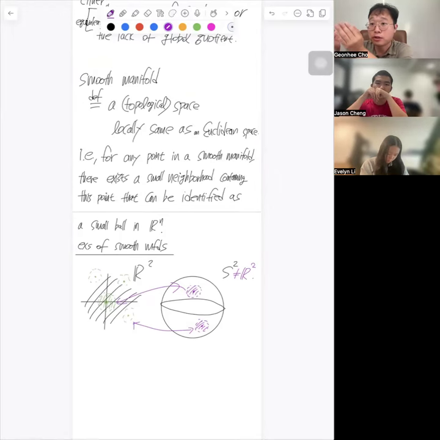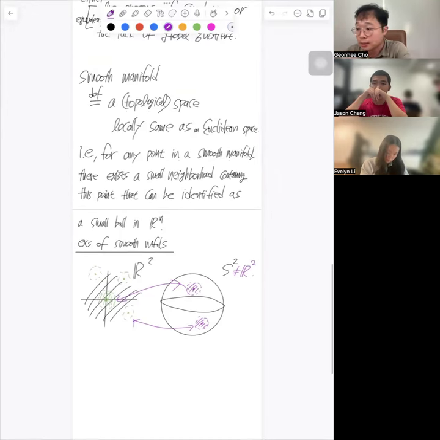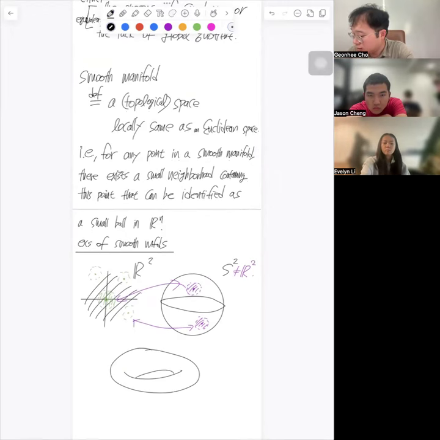The global structure of S2 is clearly different from R2, but locally you can identify it as the same as R2. If you draw, for example, the torus like this, my drawing is very bad, it is clearly different from R2 globally, but locally, if you choose an arbitrary point on the torus, you can convince yourself that you can identify this ball as a ball in R2.